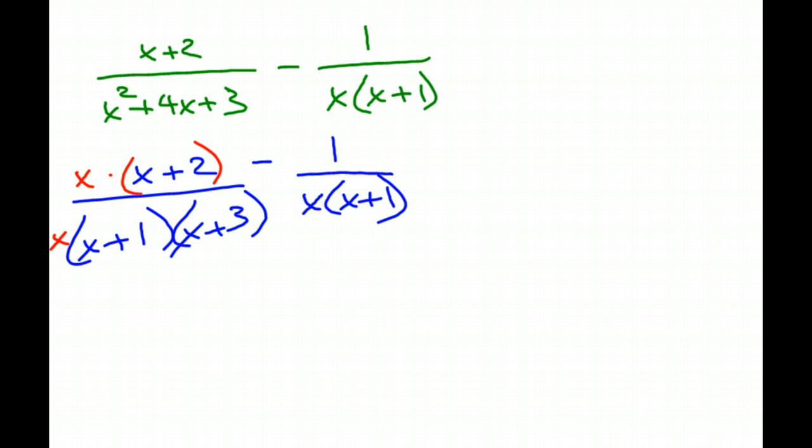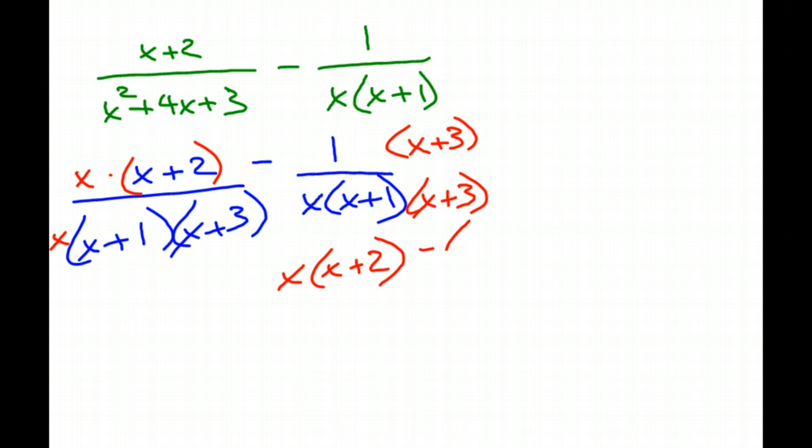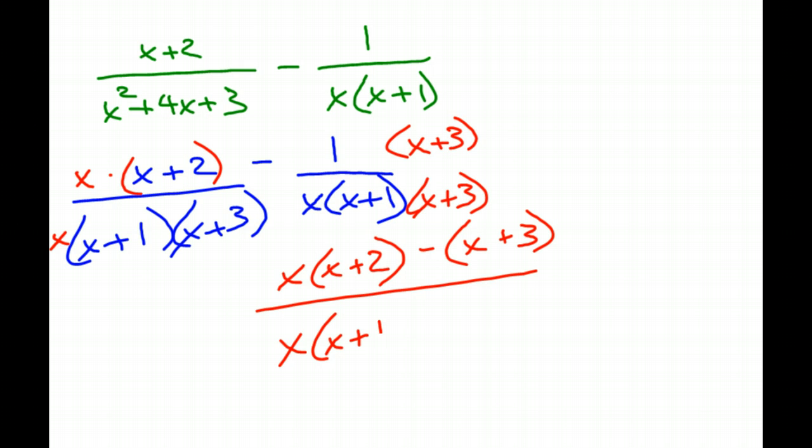Okay, what am I missing here that I have over there? X plus 3. Okay, and that's it. So now I've got x times x plus 2 minus the quantity x plus 3 over x times x plus 1 times x plus 3.